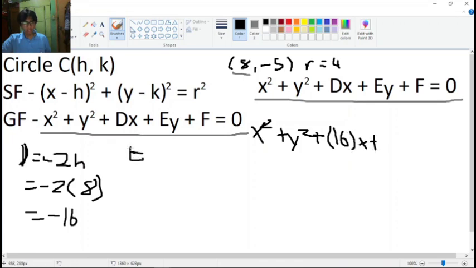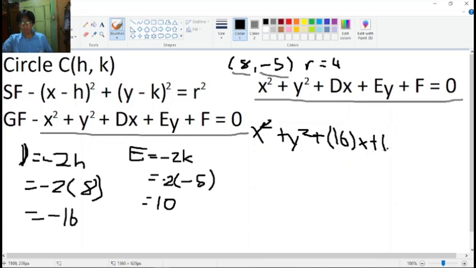Then let's solve for e. e is equal to negative 2k. So negative 2, then k is negative 5. Negative 2 times negative 5: 2 times 5 is 10, and because they have the same sign, it becomes positive, so positive 10. So x squared plus y squared minus 16x plus 10y plus.